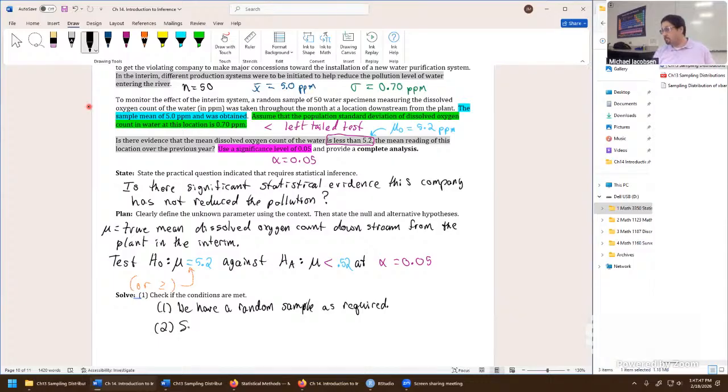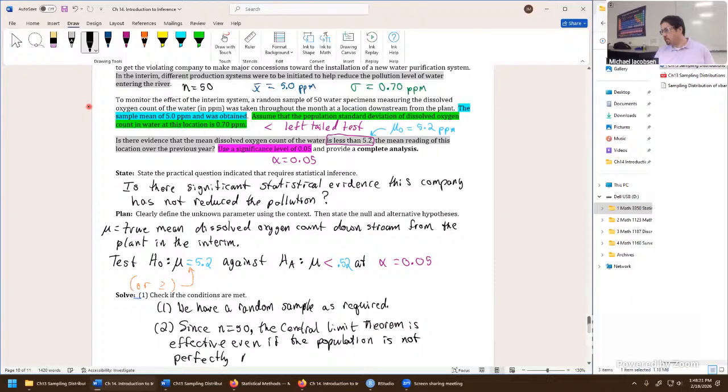But we can say, since the sample size n is 50, the central limit theorem is effective even if the population is not perfectly normally distributed. So we're actually in good shape with this one.